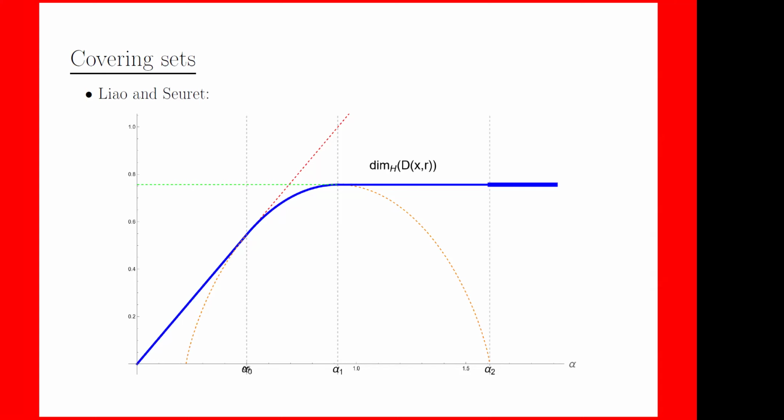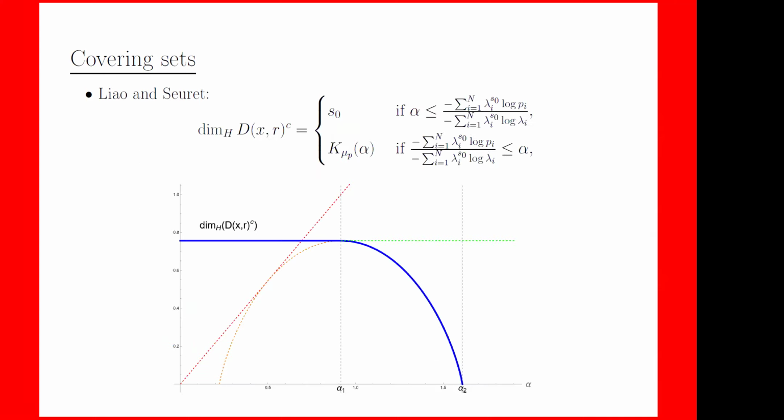This basically corresponds to the result that they also calculated the Hausdorff dimension of the complement. Namely, of course, until the peak, until the maximum, your Hausdorff dimension of the complement must be the maximal. But after that, the complement follows the decaying part of the multifractal spectrum until it runs out. And after that, it will be an empty set because you cover everything.